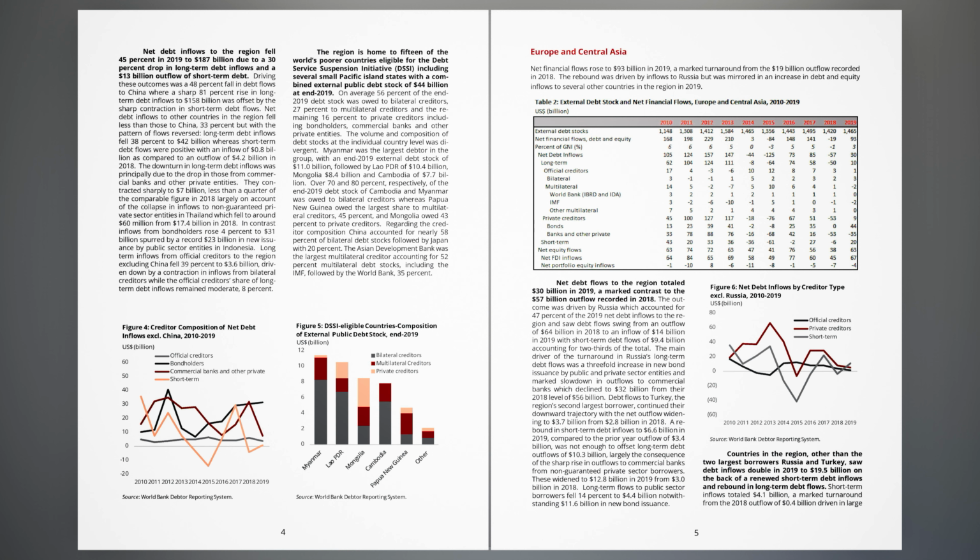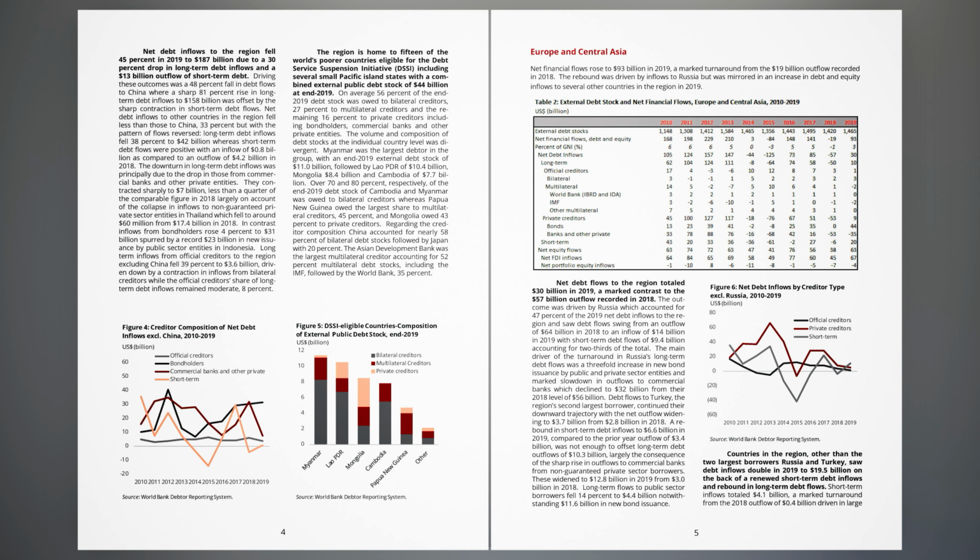Debt flows to Turkey, the region's second-largest borrower, continued their downward trajectory, with the net outflow widening to $3.7 billion from $2.8 billion in 2018. A rebound in short-term debt inflows to $6.6 billion in 2019, compared to the prior year outflow of $3.4 billion, was not enough to offset long-term debt outflows of $10.3 billion, largely the consequence of the sharp rise in outflows to commercial banks from non-guaranteed private sector borrowers.